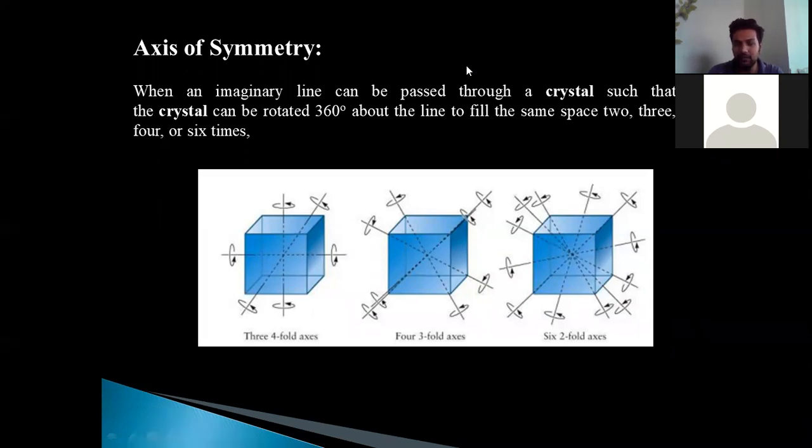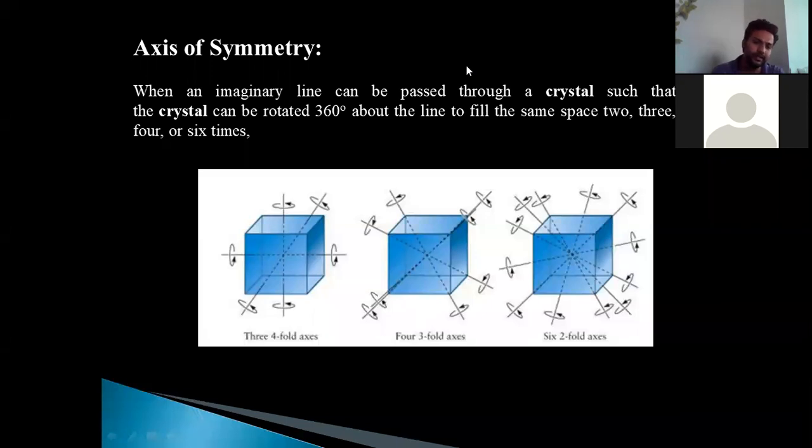I would tell you to focus on the picture in the slide. You can see how the different imaginary axes are shown around the cube, and that there is a rotational indicator.